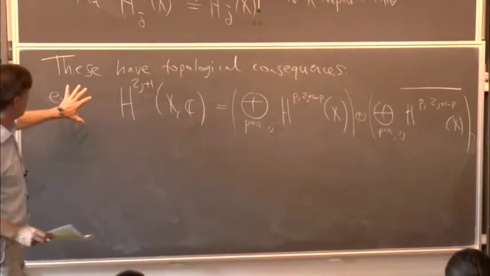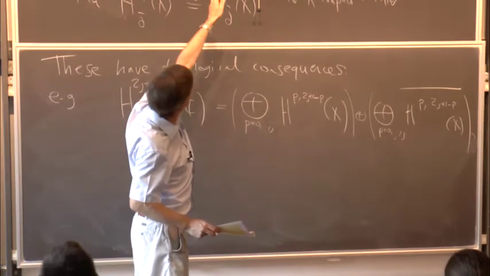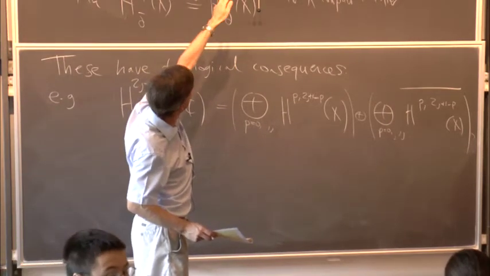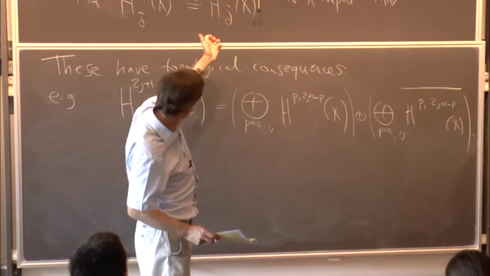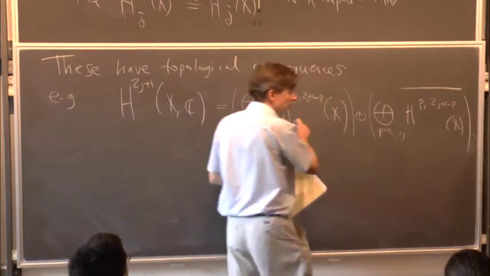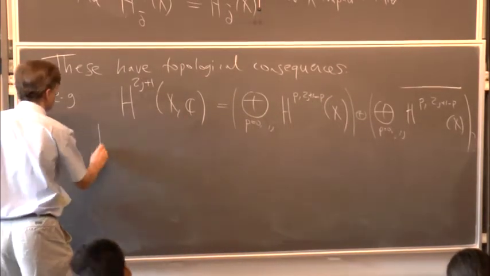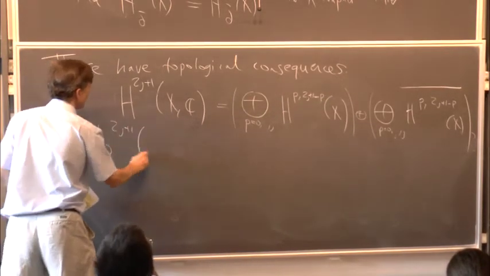So you take that, and for all the things with p greater than half the dimension, you replace it by the complex conjugate and swap the p and the q around. So these two things are the same vector spaces, but complex conjugate. So b_{2j+1} of X is even.